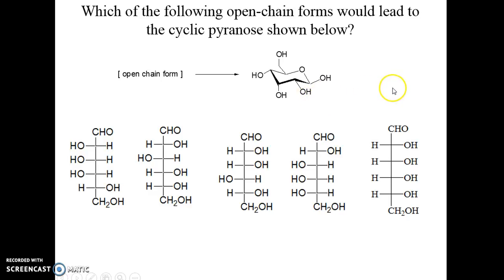Pyranoses are going to be 6-membered rings. So let's look at this. This is down, that's down, that's down. So down, down, down would mean right, right, right. So if I look at this, it would have to be this one right here because everything's on the right.